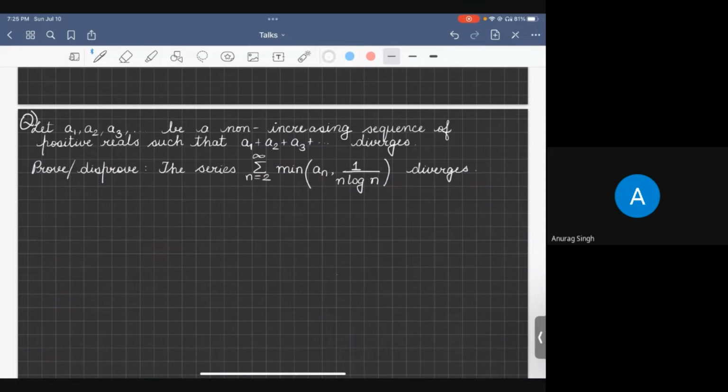For example, take that aj is smaller than 1 by j log j, and since we have that aj is greater than ai, we will have that aj is greater than 1 by i log i, and it will be smaller than 1 by j log j, so we can count it in between, and in the sums we can replace the a's with the terms of 1 by n log n.